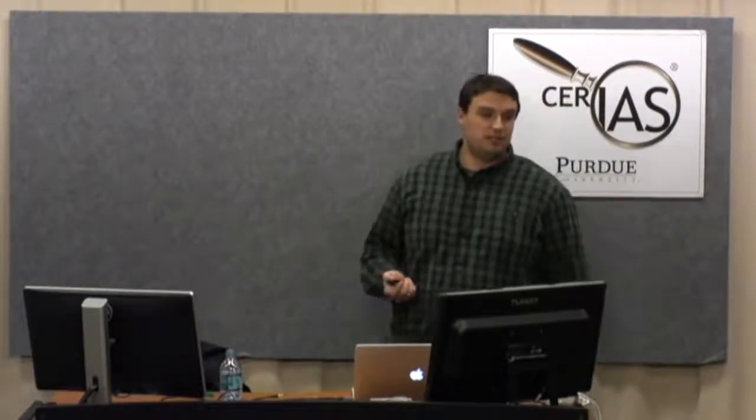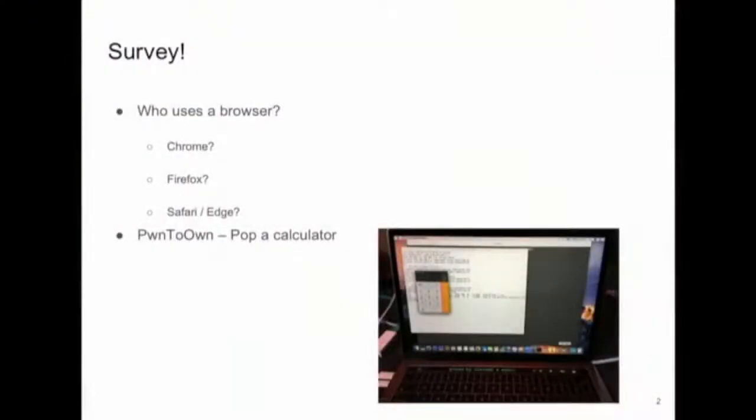So simply by using your browser to explore the web, you've potentially given a malicious actor a shell on your computer that they can then use to install their malware, read your files and exfiltrate them, or do whatever they want. So these browsers represent a significant code base that is network facing and frequently exploitable.